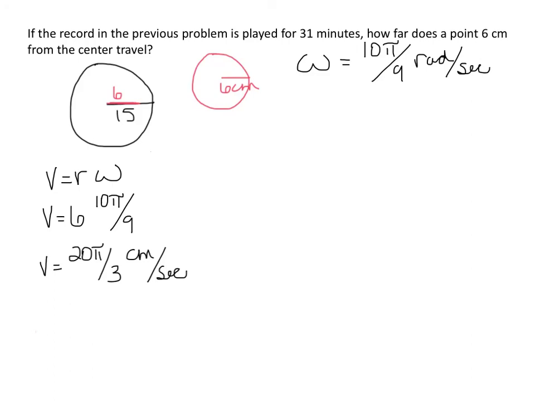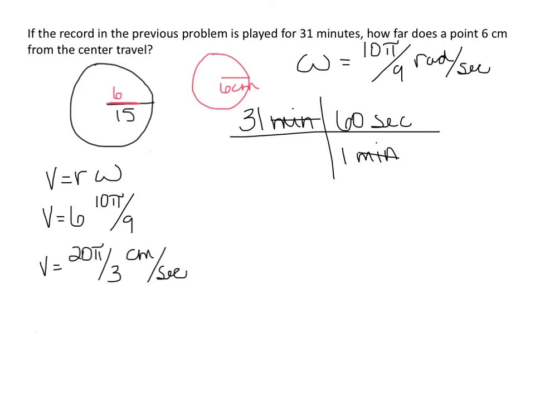Remember, if we're talking about a point on the edge traveling, we're talking about an arc length. The problem is we've been given a certain amount of time in minutes, so we need to convert that into seconds before we can proceed. So 31 minutes would go in the denominator here, seconds in the numerator here, and we would get that to be 1,860 seconds.